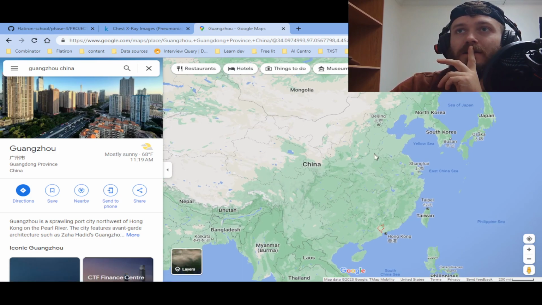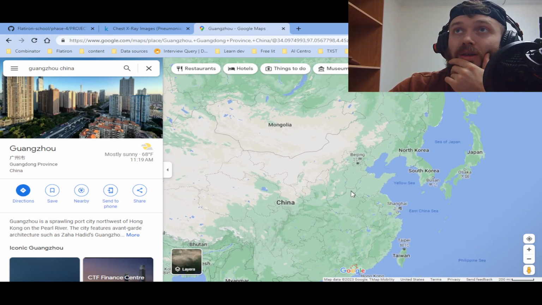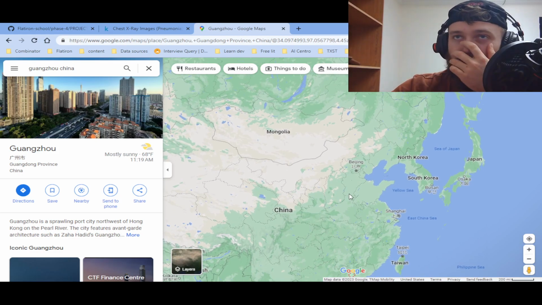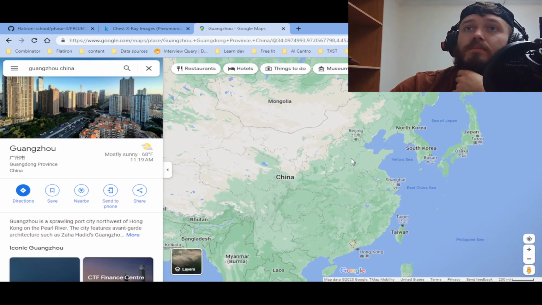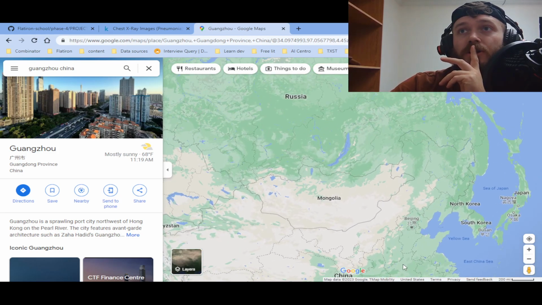This is significantly different geography, so I'm assuming that the ethnic or genetic profile of people from that area is going to differ. I mean, we're looking at a whole continent here, especially Mongolia and Russia.